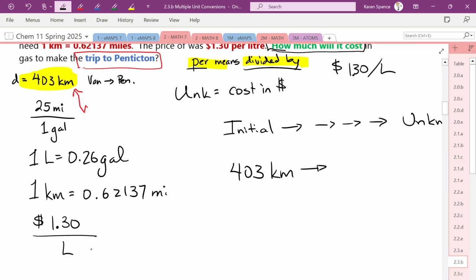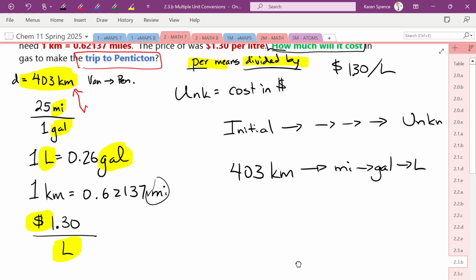What can we convert kilometers into? We can convert it into miles. So we're going to go to miles. What can we convert miles into? We can convert miles into gallons because we have a conversion factor for that. What can we convert gallons into? Gallons can go into liters. And then I can convert liters into dollars, yes.